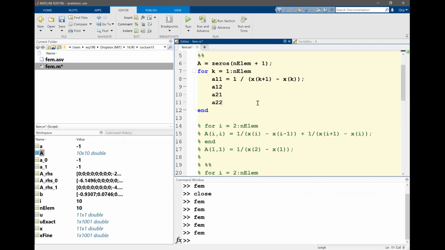And a22 is exactly the same because the derivative of the other basis function is the same in magnitude but opposite in sign. a12 is actually the negative of this because I'm multiplying 2 basis functions. One has a positive and the other has a negative slope, right? But the magnitude is the same. And a21 is actually the same.